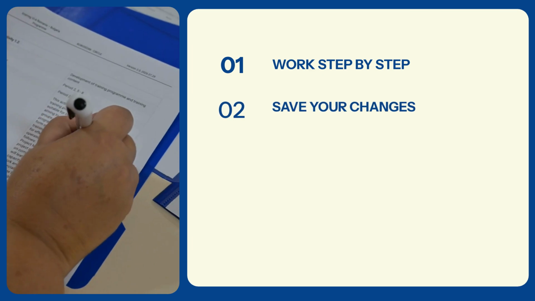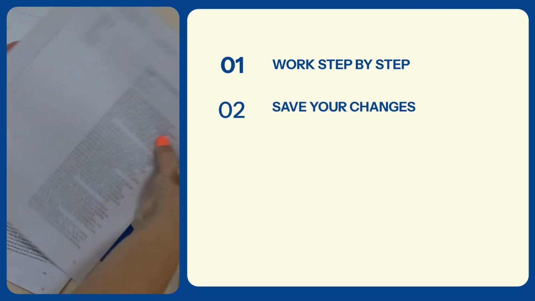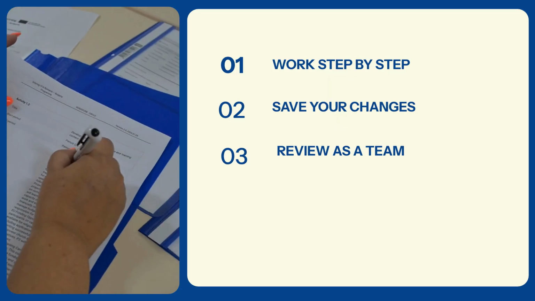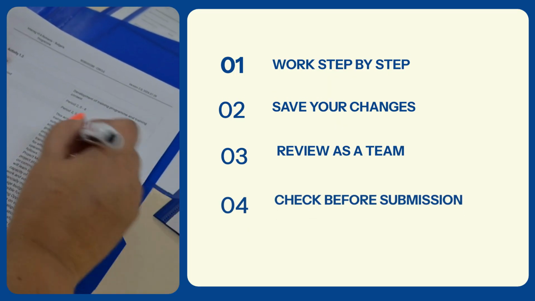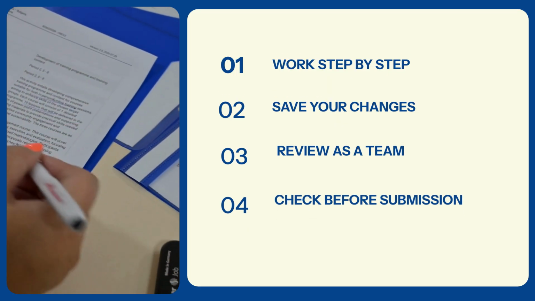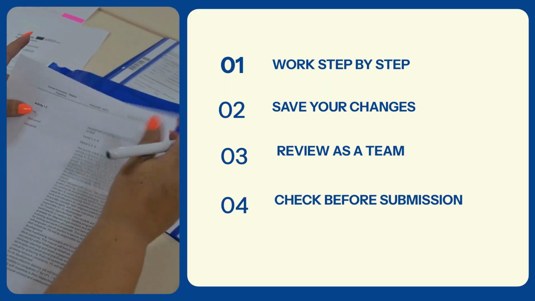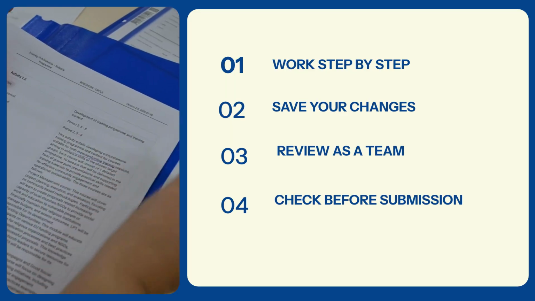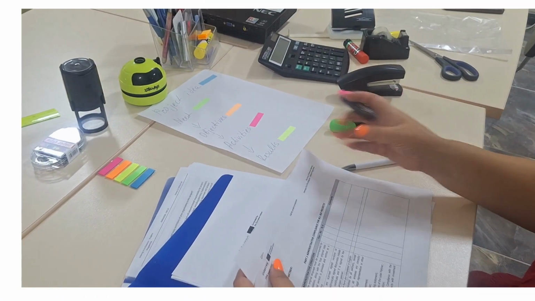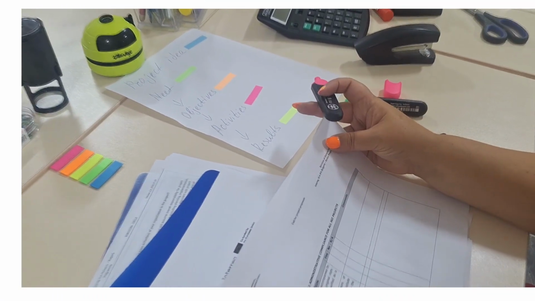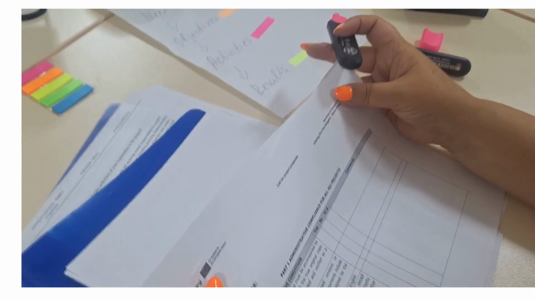The system allows the project application to be completed gradually and saved at different stages. This makes it possible to work collaboratively as a team and to review the application before its final submission. It is important to make use of this functionality and not leave everything until the last minute. Before submission, it is necessary to conduct a comprehensive review of the entire project application.